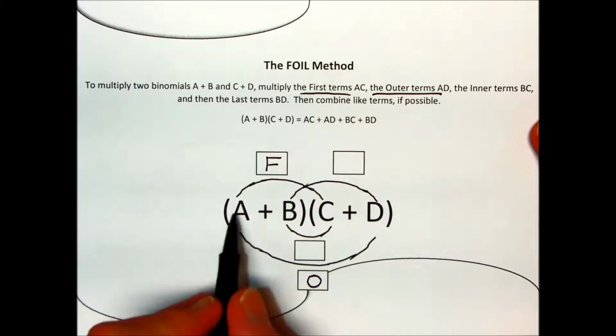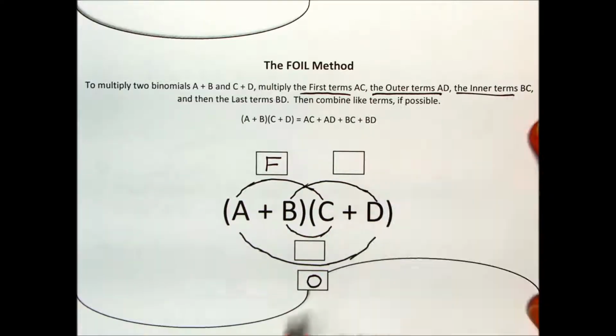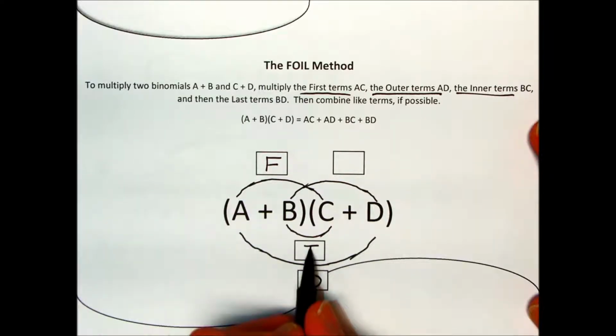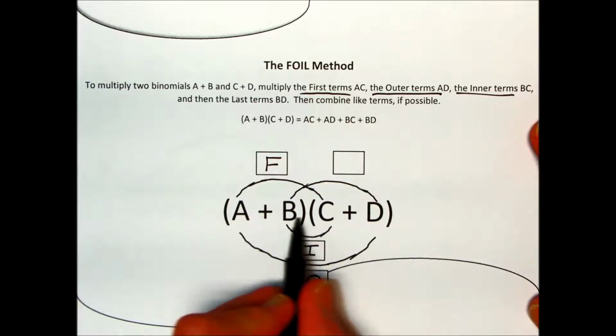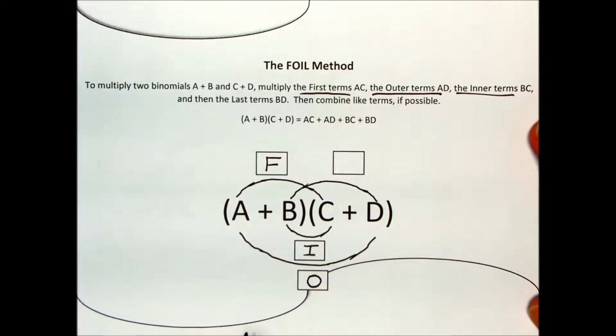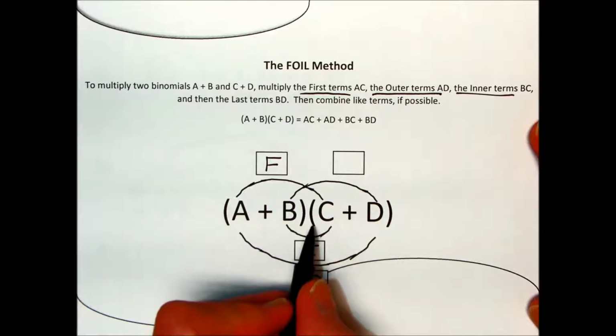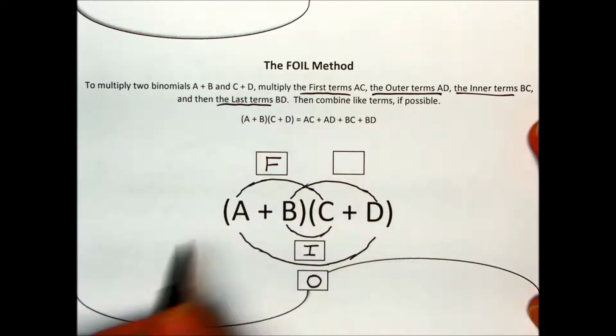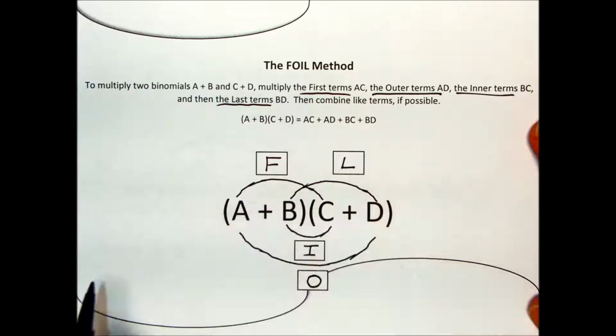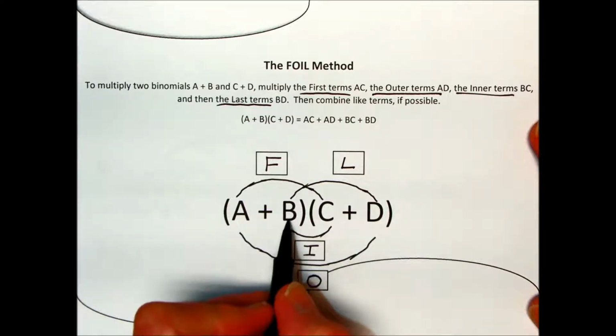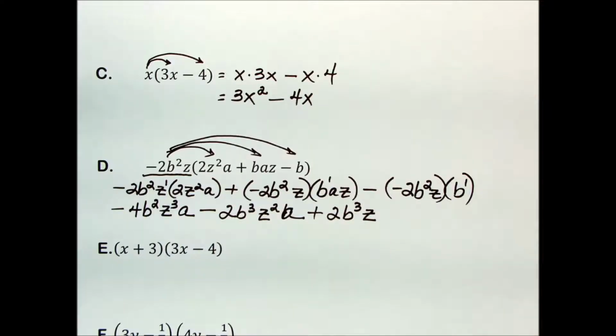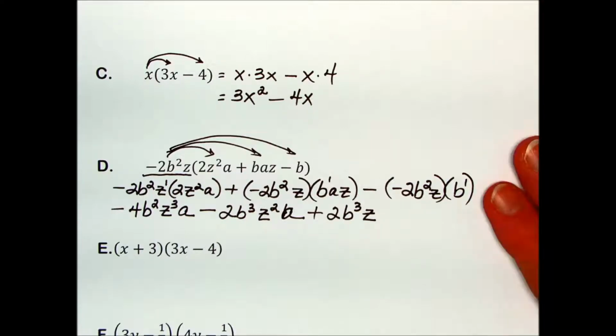So there's our outer terms. That will result in an a times d. Next, we do the I, which is the inner terms, the terms that are right next to one another in the middle. And for the L, that is for the last terms for the FOIL method. And by last terms, they mean the last terms in each of those binomials. So that would be the b times d.